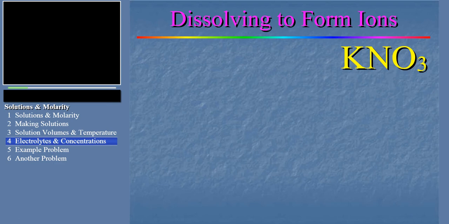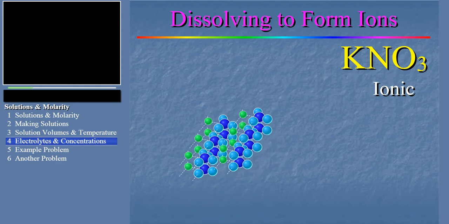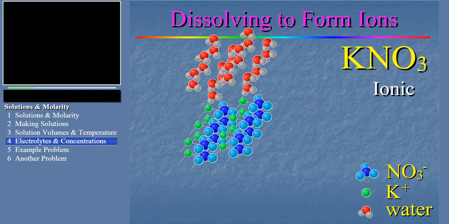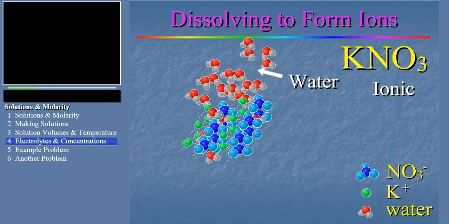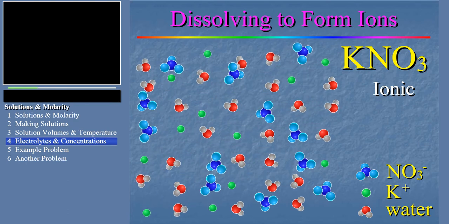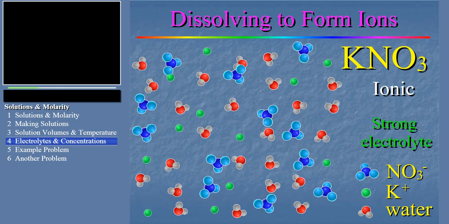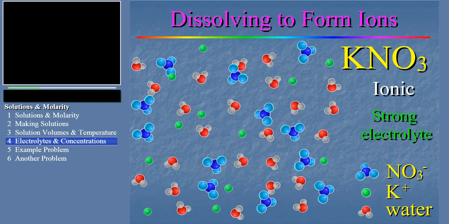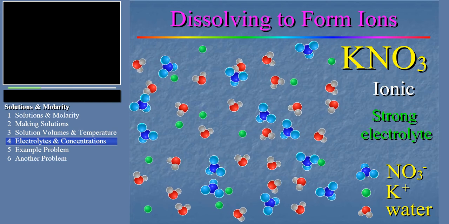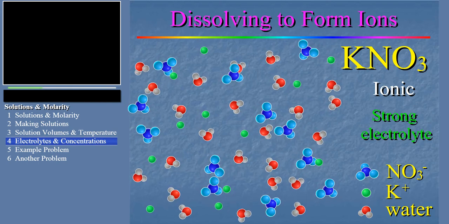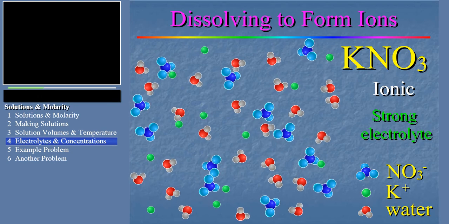It's ionic, right? It consists in the solid crystal of potassium ions and nitrate ions stacked together. So when potassium nitrate dissolves in water, the ions separate from one another in the solvent. We say KNO3 is a strong electrolyte for this reason. That is, when it dissolves in water, it separates into ions, and the resulting solution conducts electricity.